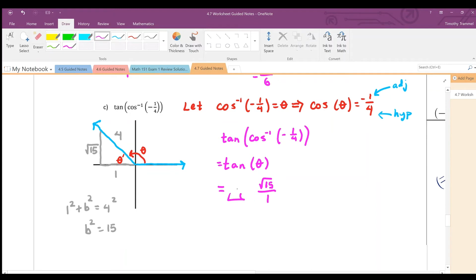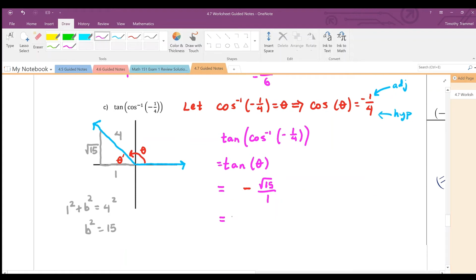Now I just need to think about, is tangent negative or positive in quadrant 2. Well, since the x value is negative and the y is positive, if you do y over x, you'll get a negative. So I just need to make sure I have a negative sign here.